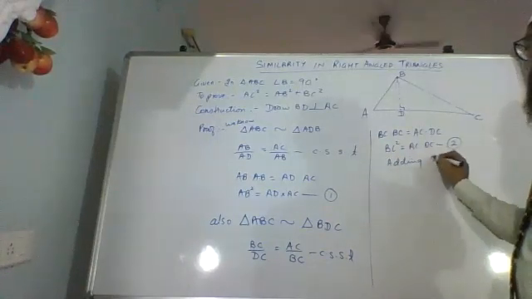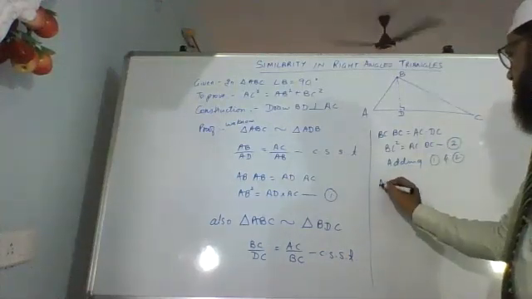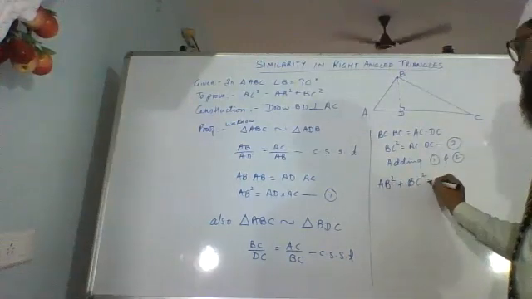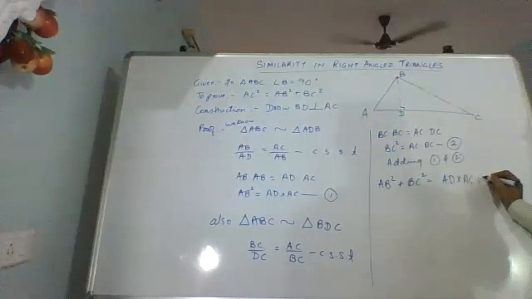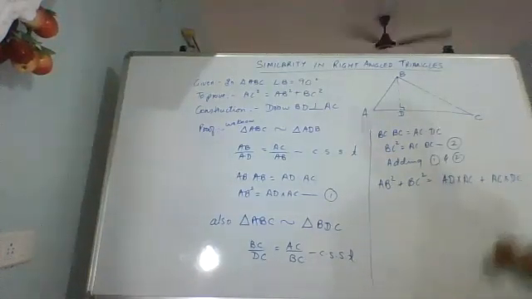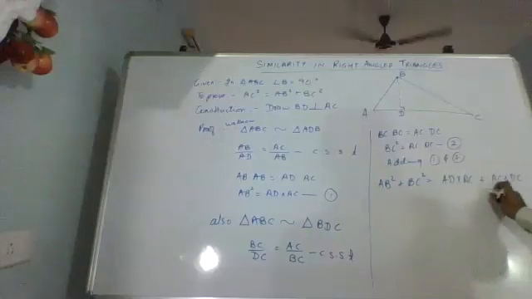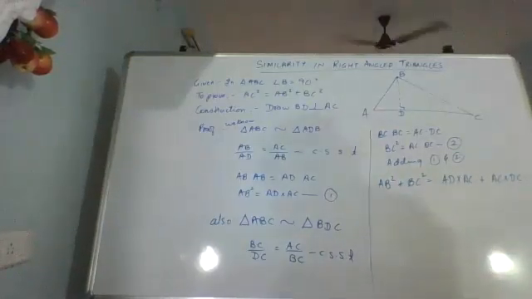Adding 1 and 2. 1 is AB square, 2 is BC square, equals AD into AC plus AC into BC. From this, AC is common.